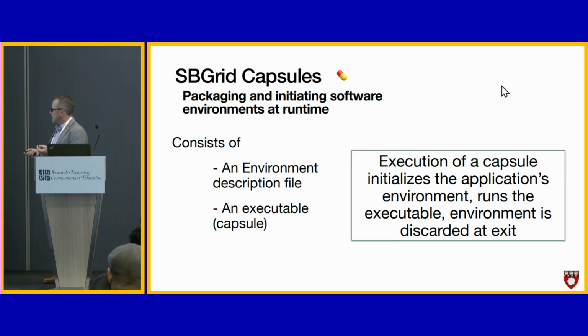And when you call that, it builds out the whole environment, runs your application, and then the environment's gone when the application exits. So this way, users don't have to know what gets set or what needs to be set, what applications share variables, what don't. We do all of that behind the scenes.